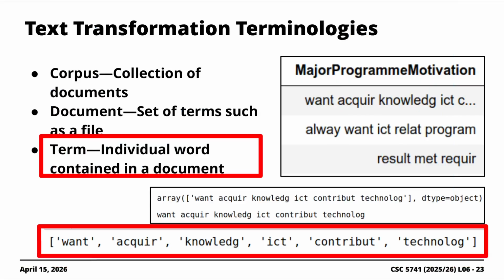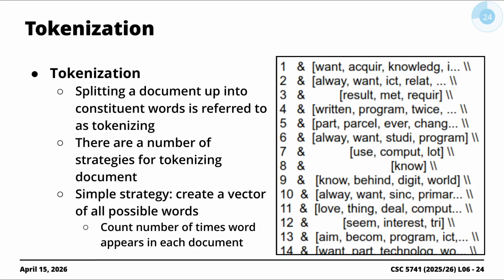Of course, what we are assuming here is that the terms at some point will have to be pre-processed, and this brings us to our discussion of the process of tokenization. We are saying that a document is made up of units, typically words, but it can be a sentence or a paragraph.